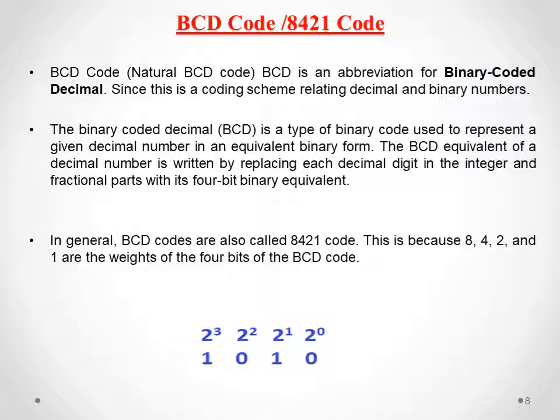The BCD equivalent of a decimal number is obtained by replacing each decimal digit in the integer and fractional parts with its 4-bit binary equivalent. In general, BCD codes are also called 8421 code, because 8, 4, 2 and 1 are the weights of the 4 bits of the BCD code.